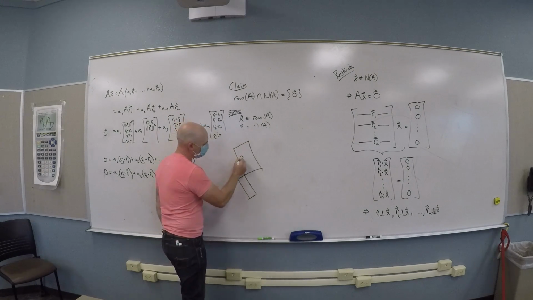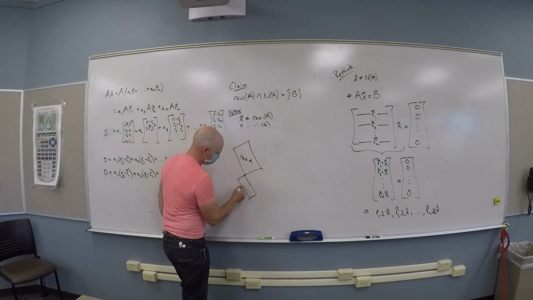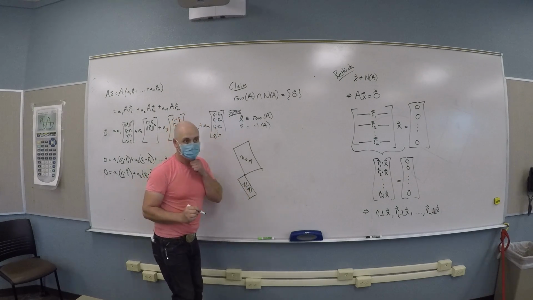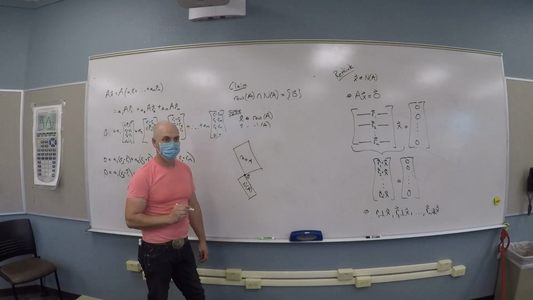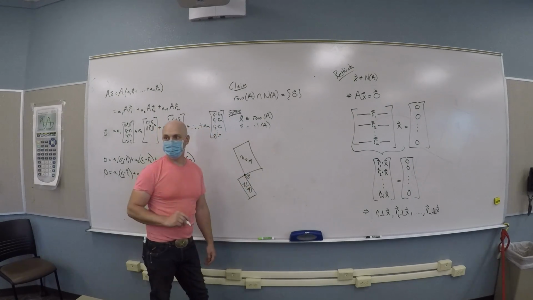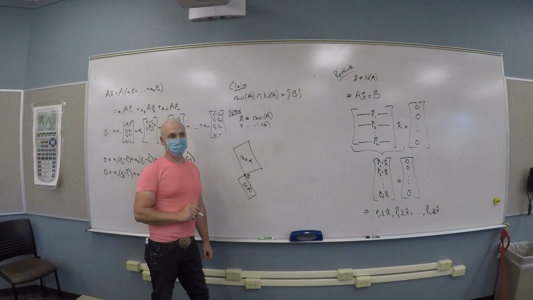I'm talking about the domain side. So I got the row space of A and null space of A. We just showed that the intersection between the two is only the 0 vector. But we got a bonus. What's the bonus we got?